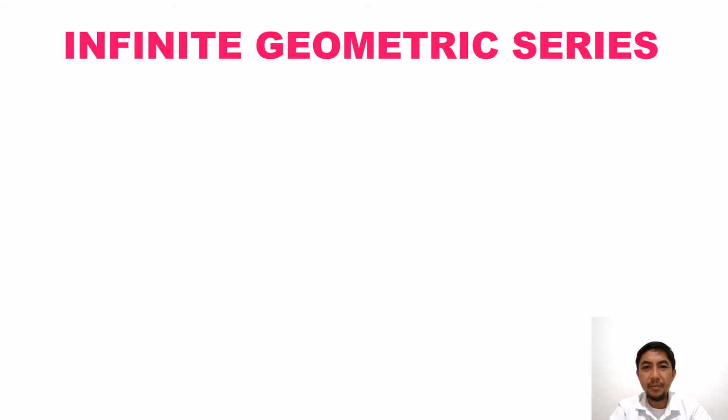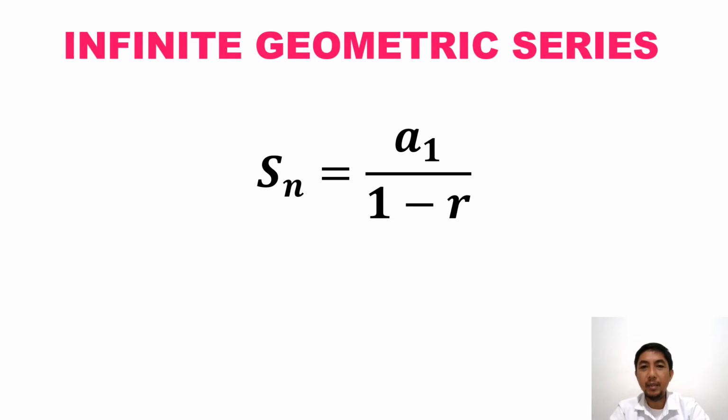Okay, so the next type is the infinite geometric series. We have a different formula for this because it is different from the previous kind of geometric series. So we have here S of n equals a sub 1 over 1 minus r.